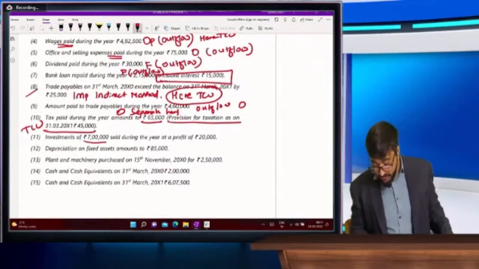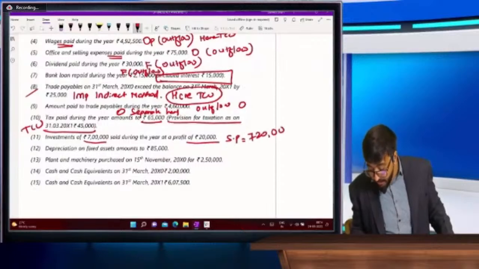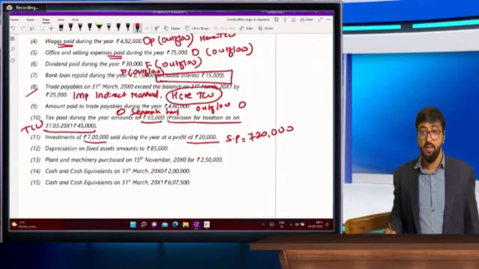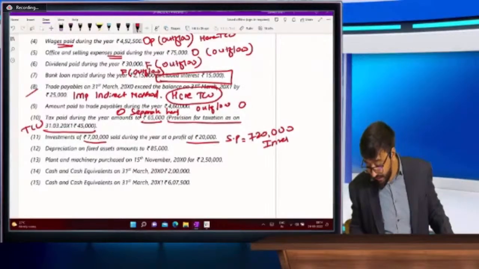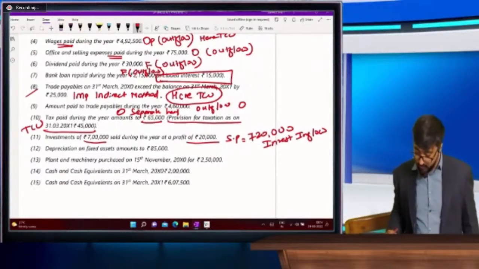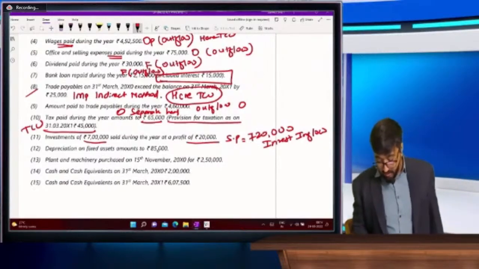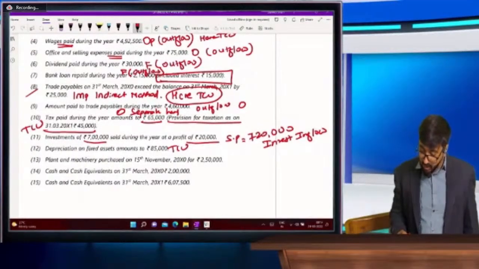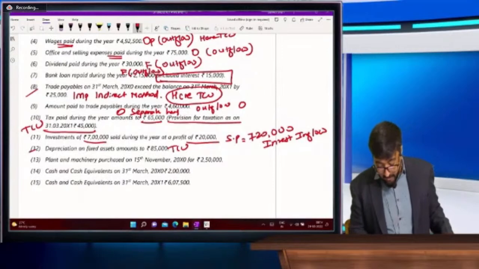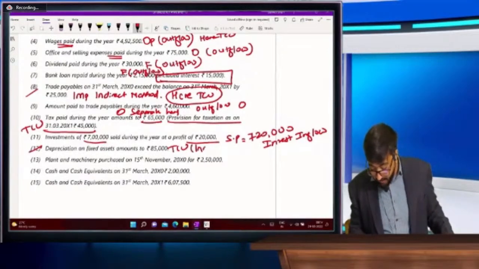Investment sold 7 lakhs at a profit of 20,000. Selling price is equal to 7,20,000. So I will consider selling price. Investing activity inflow. Depreciation to confuse us. When is it important? In indirect method.